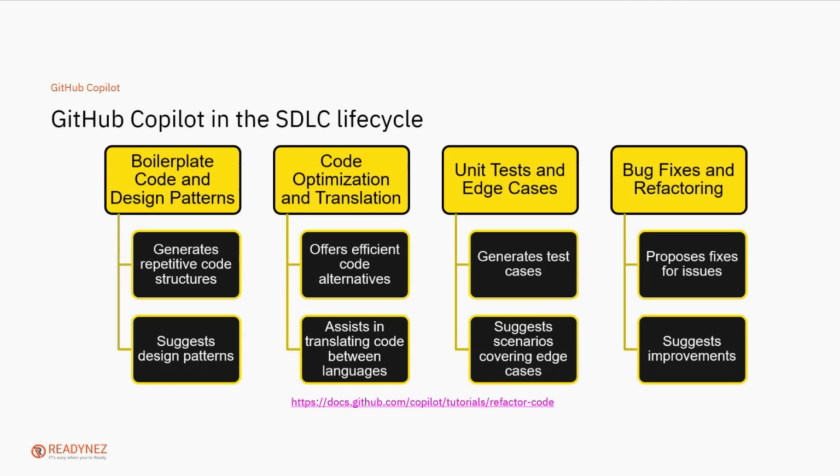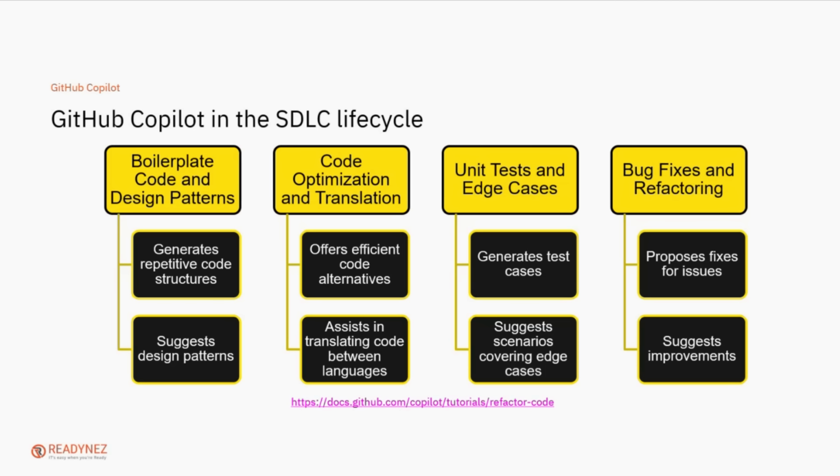So that's just one more before we move on, which is about how we're going to use it across the lifecycle. We can use it to generate boilerplate code. As I'm writing code, it can suggest design patterns for me. As I'm building code, I can say I want to build a new framework or a new function, generate the code for that.